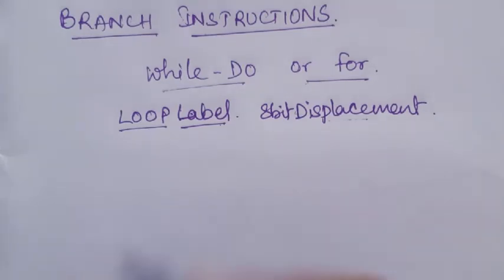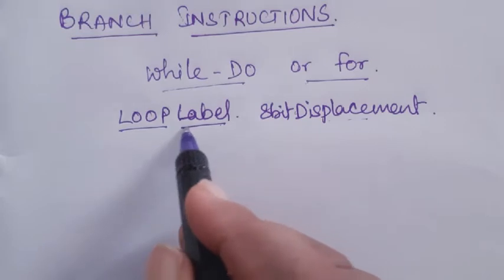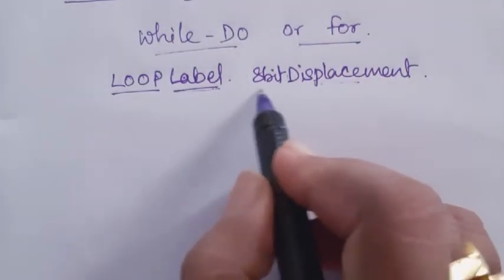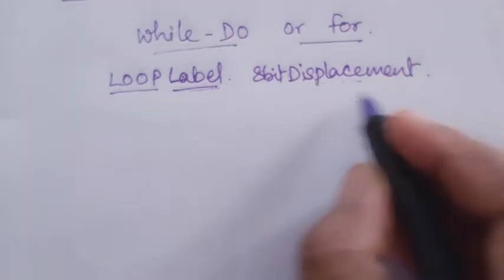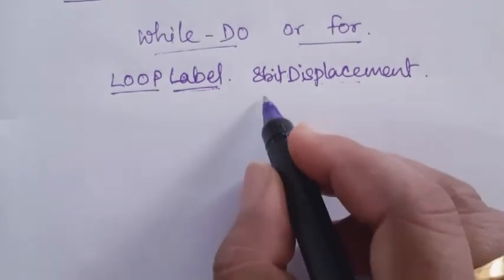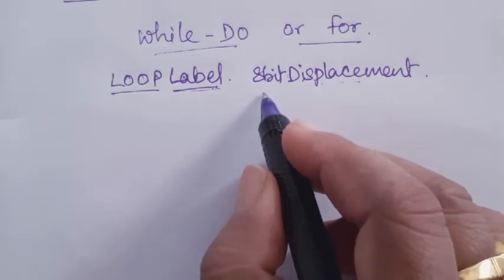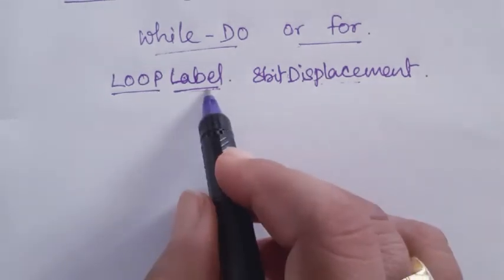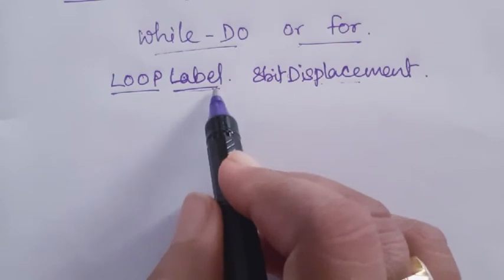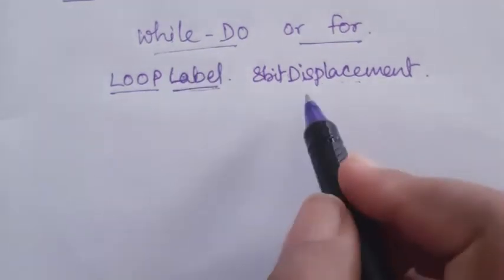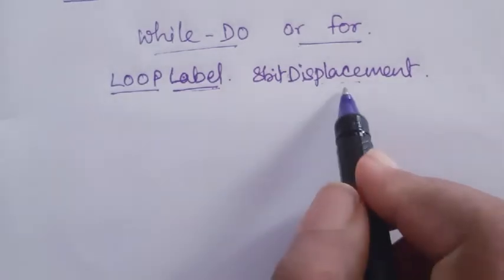After writing the program, you calculate the displacement and write it here. The most significant bit represents the sign bit, so the program execution transfer can be forward or backward, indicated with the signed displacement.